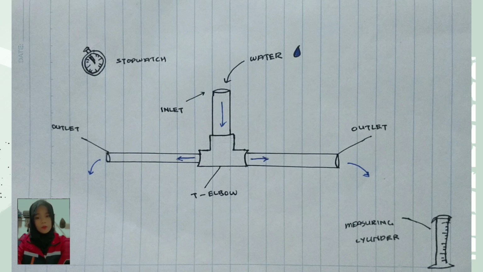However, the rate of flow will generally be higher through the larger diameter outlet due to reduced resistance and potentially lower velocity.